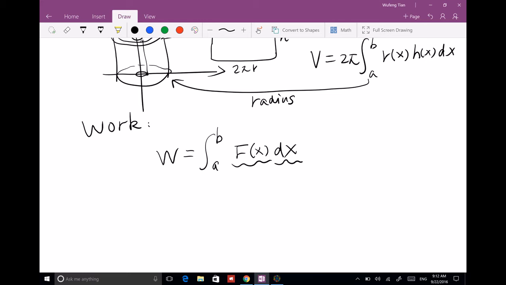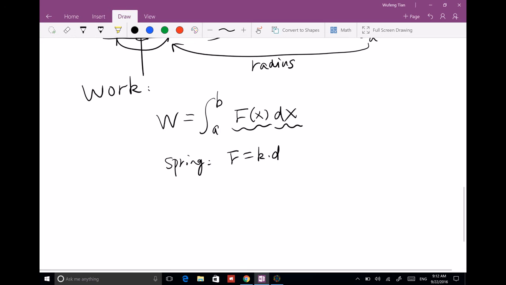We did several forces. The first one is the spring. For the spring, we have F equals K times d. The second one is Newton's universal law of gravitation, F equals K times M1 times M2 over d squared.